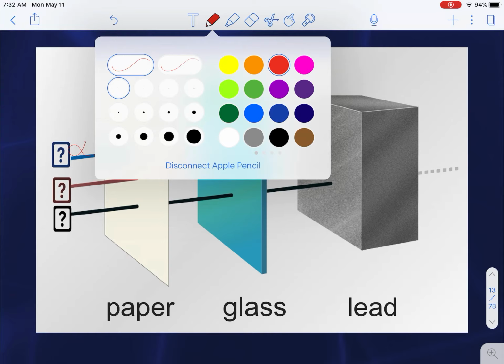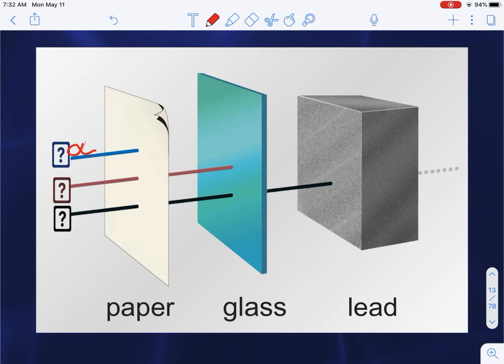Then that's going to be an alpha particle. If this is stopped by glass, it's going to be a beta particle, and then this is kind of your weird gamma particle. I'm not too good at making a gamma particle thing, but that's basically what it is. Okay, so it's either stopped by paper, glass, or lead.